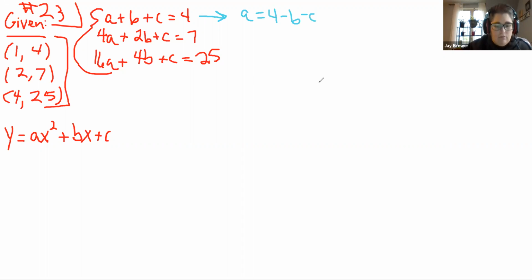So the next thing I did was I actually plugged a in for the other 2 equations. So I kind of rewrote these. That way they're both in terms of just b and c.